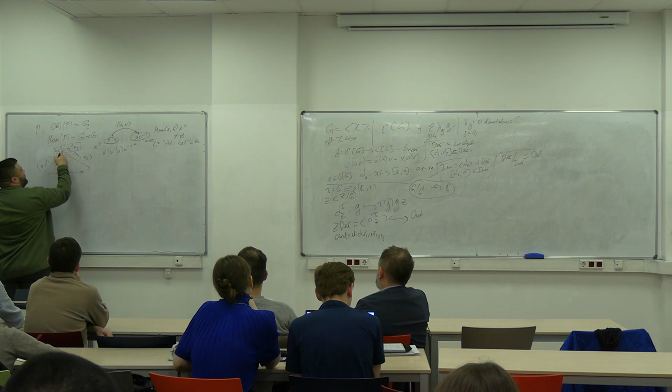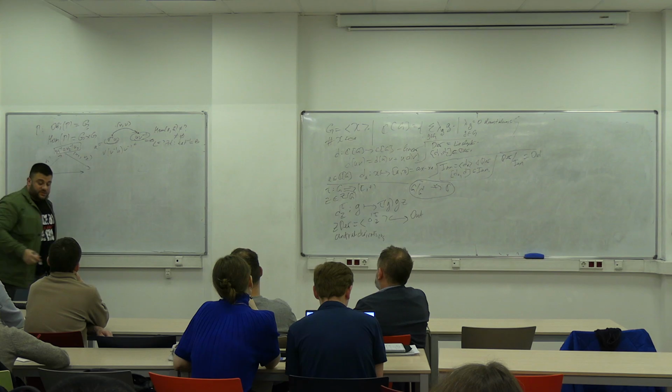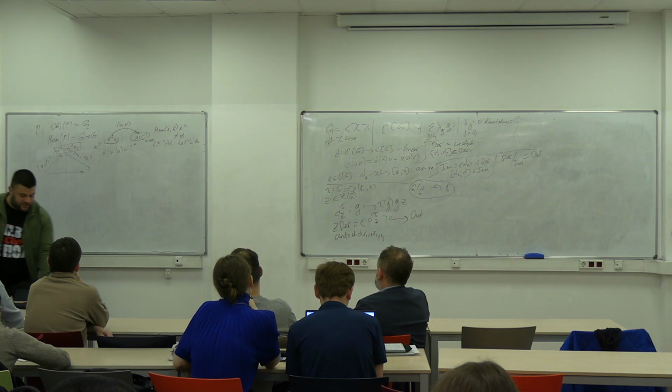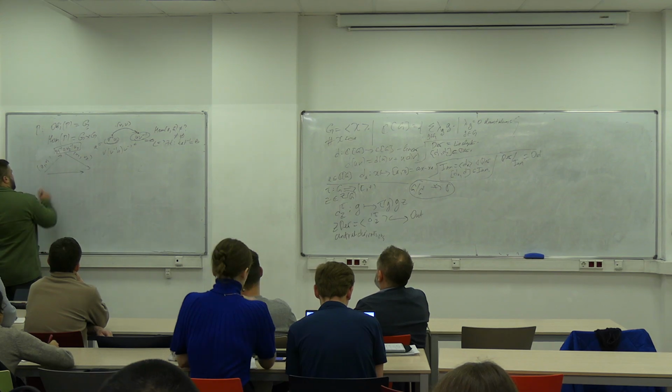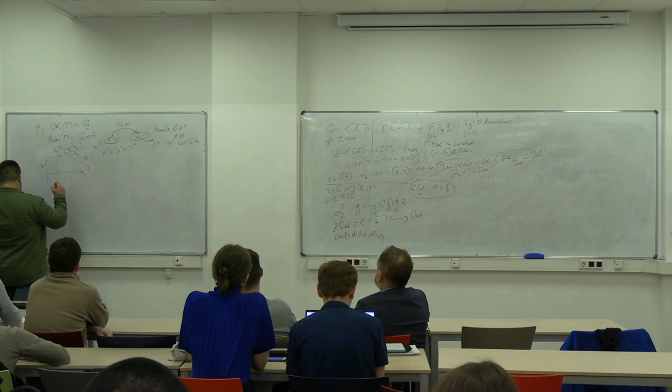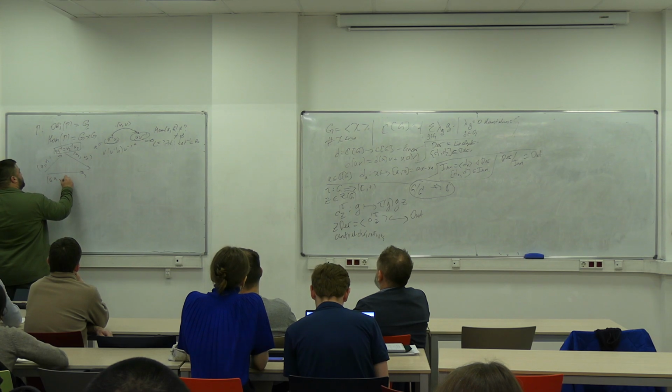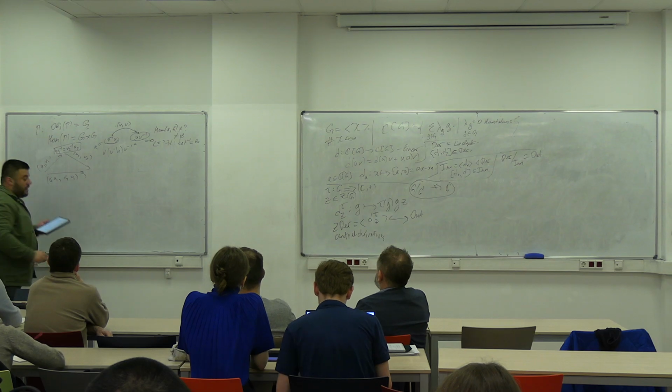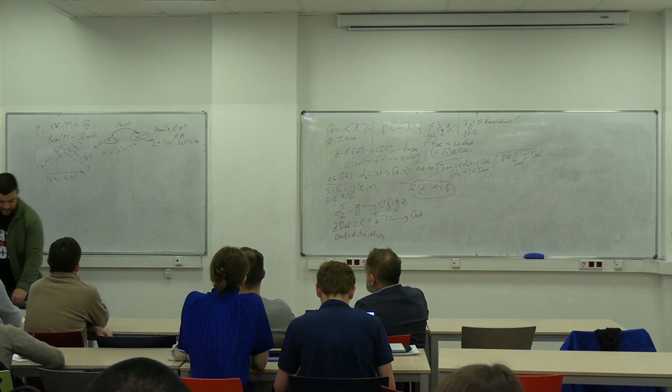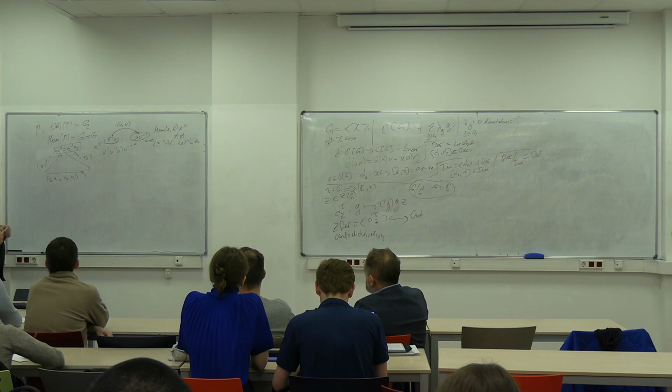So, if this holds, then these morphisms are composable, and their composition is the following morphism: V2 V1.